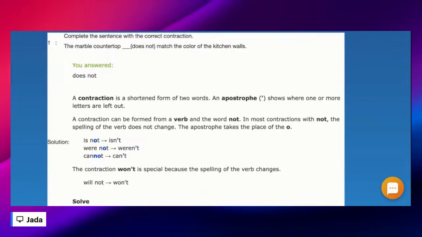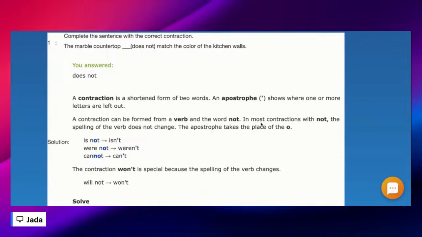A contraction can be formed from a verb and the word not. In most contractions with not, the spelling of the verb does not change.